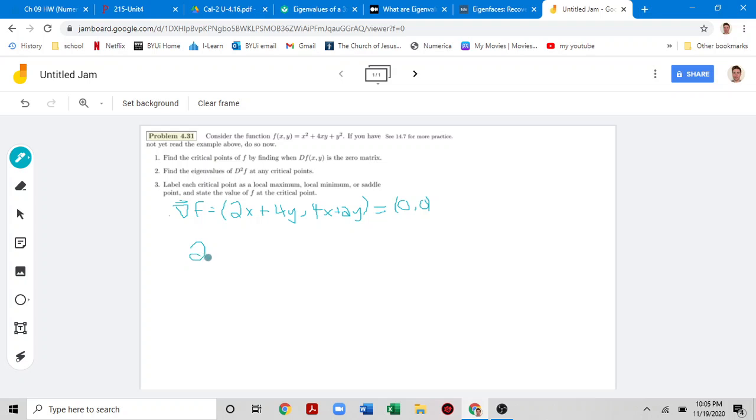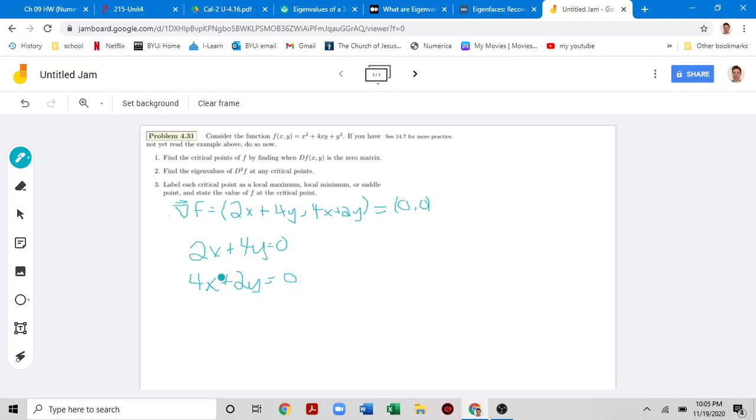So let's make 2x plus 4y equals 0. I'm going to want to separate those two. And now 4x plus 2y equals 0.